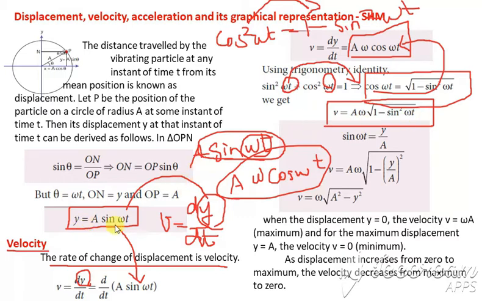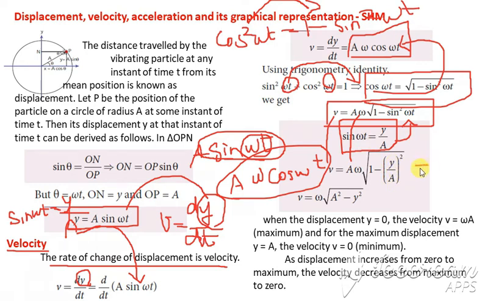From this, what is the value of sin omega t? We can bring the a down, so sin omega t is equal to y divided by a, is it not? Substitute this value of sin omega t in this place. So we get v is equal to a omega as it is, into root of 1 minus y by a the whole square.